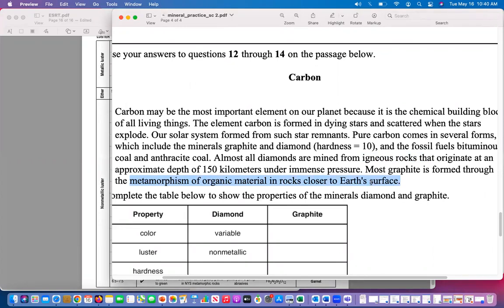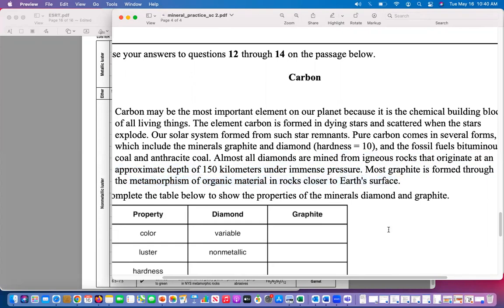One reasoning you could have said: diamonds are mined from igneous rocks that originate inside the earth, at a depth of 150 kilometers under immense pressure.